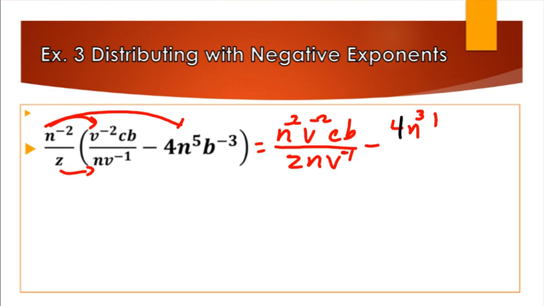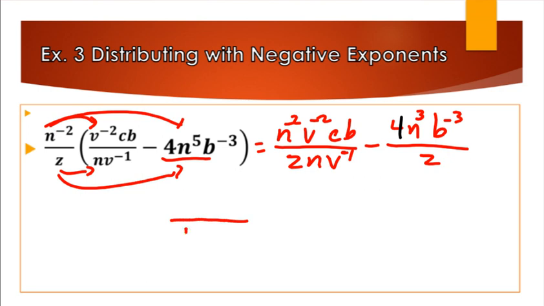And then we have b to the negative 3rd, all over 1z. So simplify here. This is n to the negative 2nd divided by n. These subtract, so that'd be n to the negative 3rd. So n to the negative 3rd has to be on the bottom, so n cubed.